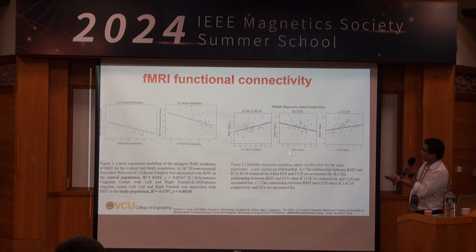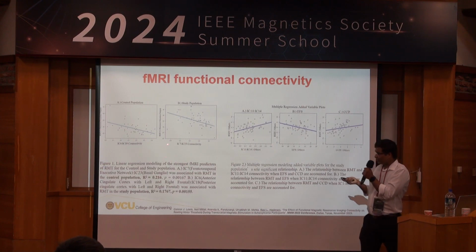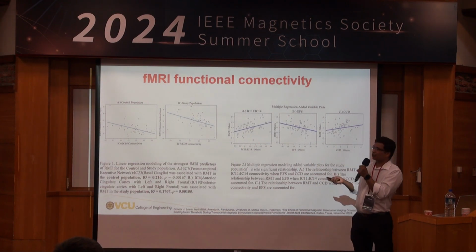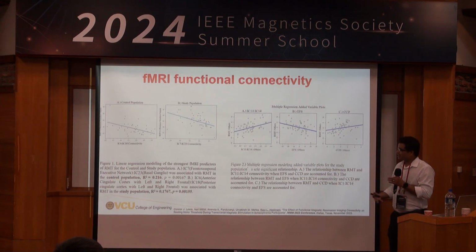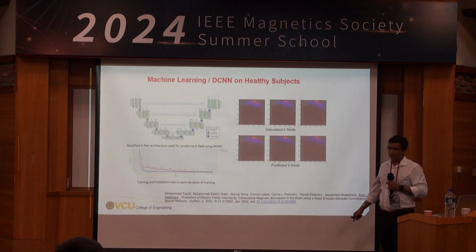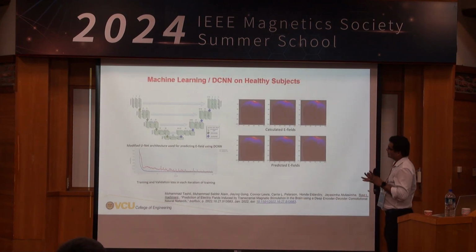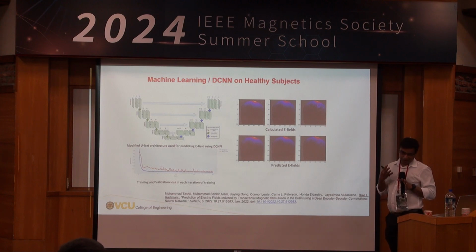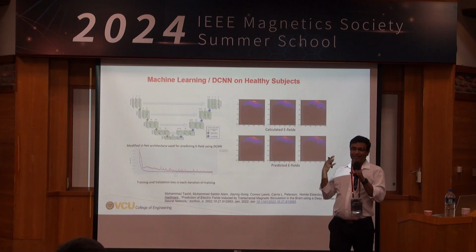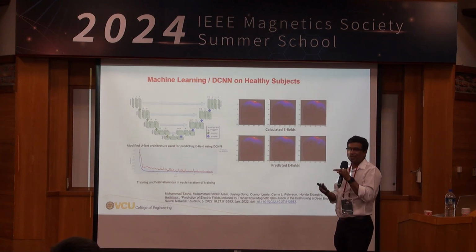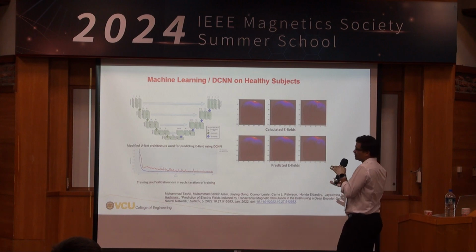And again, different connectivities will influence differently, so we need to consider all these parameters. There are so many parameters, and all these parameters need to be considered in order to determine the dose. And what's the best technique to do that? So of course, machine learning.